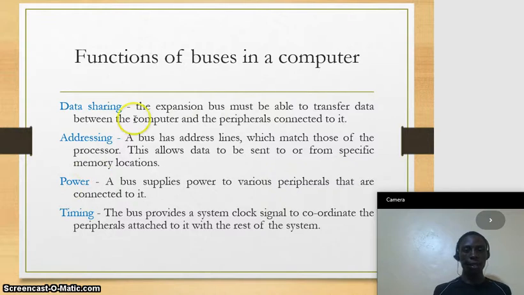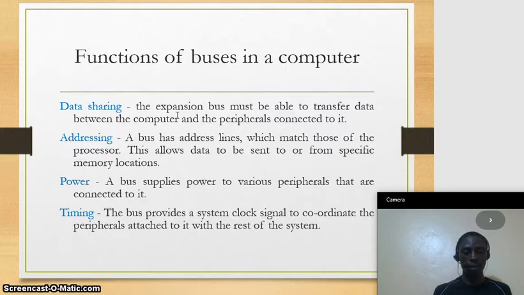So the bus does the first point, that is data sharing, and the expansion bus must be able to transfer data between the different components connected to the computer, let it be peripherals or others. So it does that transmission of data from one component to another.